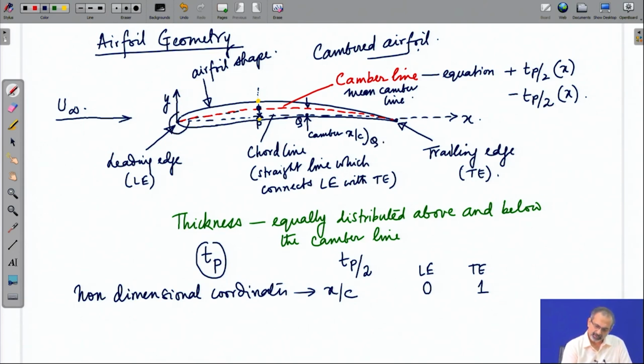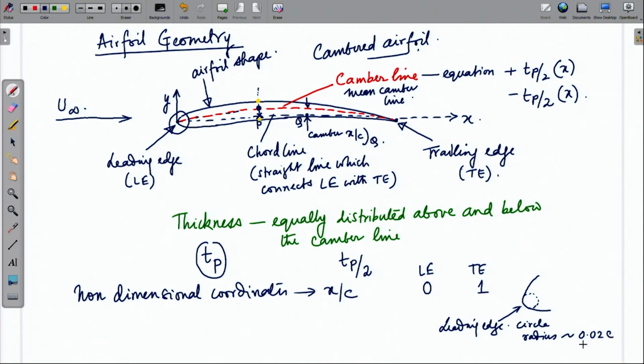If you look closely at the leading edge of the airfoil, right at the leading edge, you can imagine a circle with a radius approximately of the order of 2% of the chord.